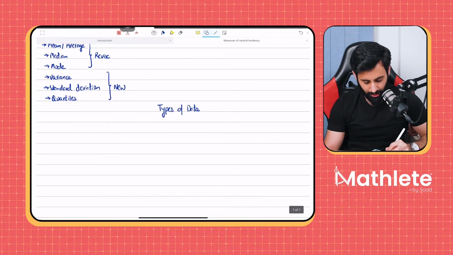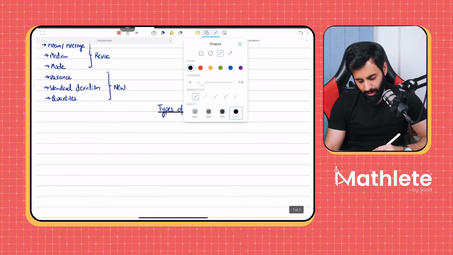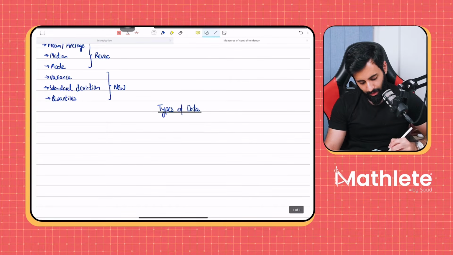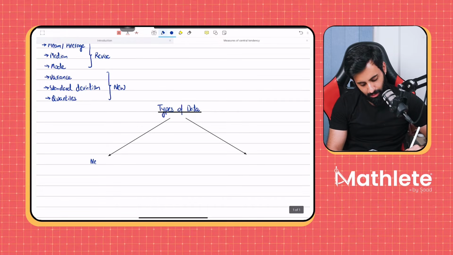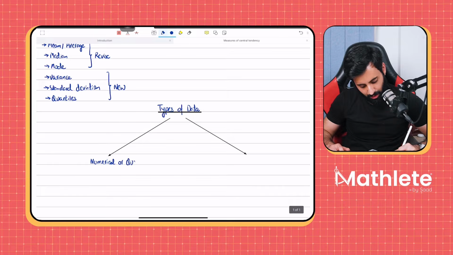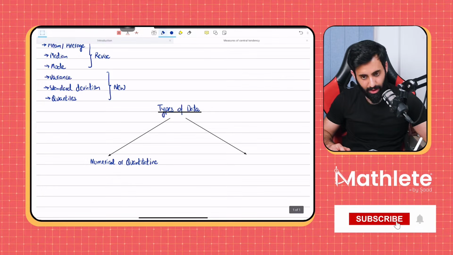What's the other? Qualitative. Yes. So basically, there are two types of data. One is numerical, which is what we call quantitative. That's something that we can quantify. Numerical or quantitative. All right, that's one category.